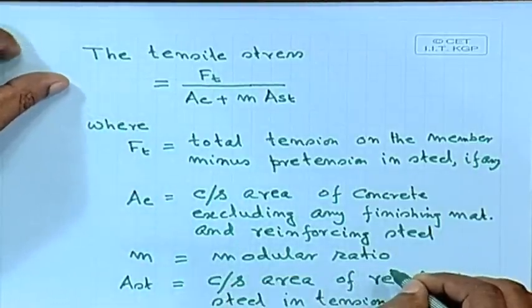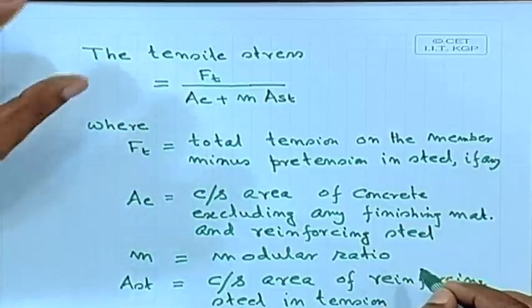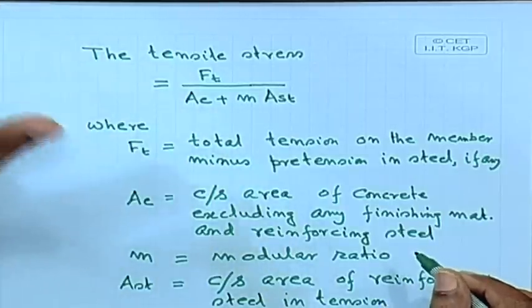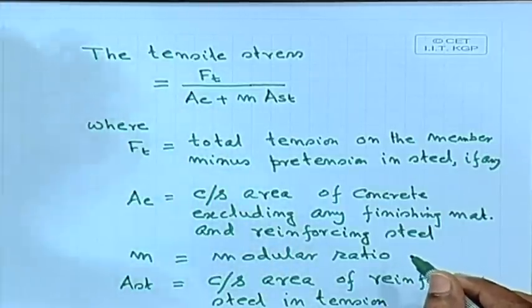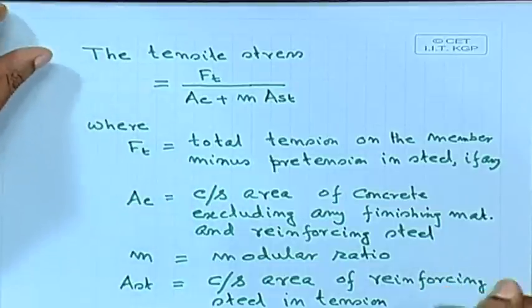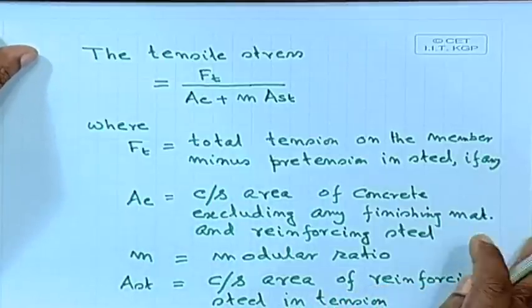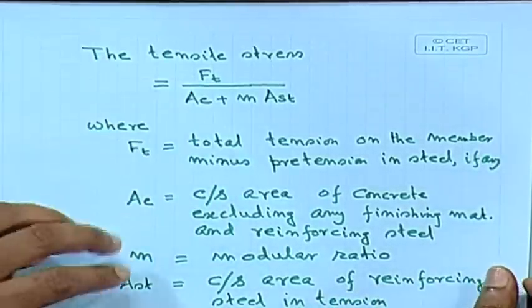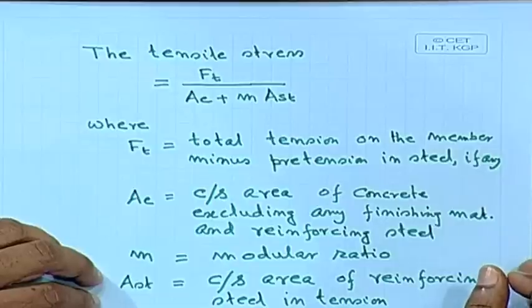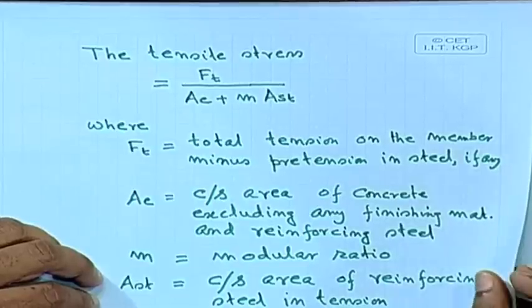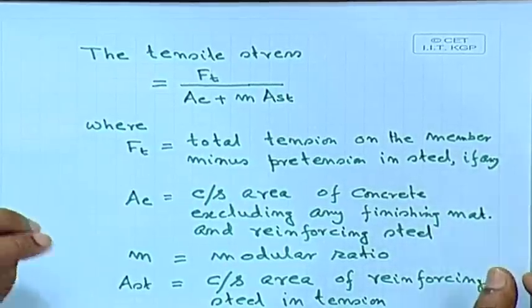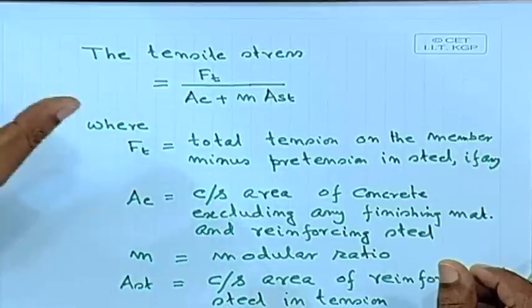m is the modular ratio, Es by Ec, but our code does not take that ratio, it takes a different formula that we are coming to next. And AST is the cross sectional area of reinforcing steel in tension, of all the bars. Yes, all the bars, we always consider it that way.